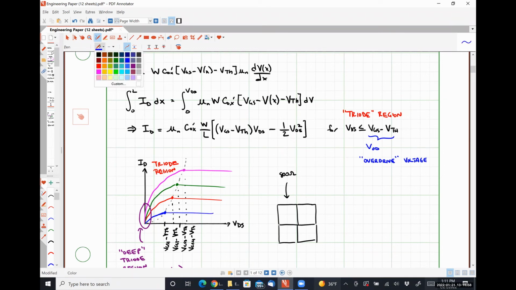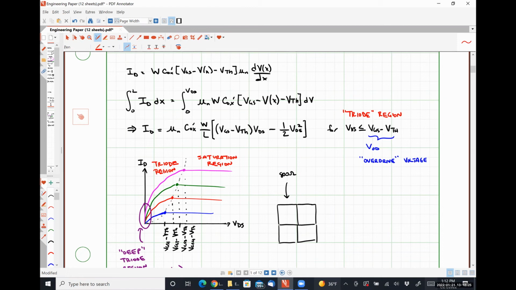Like so, where everything over here to the right is our saturation region. So effectively, we have a constant current.